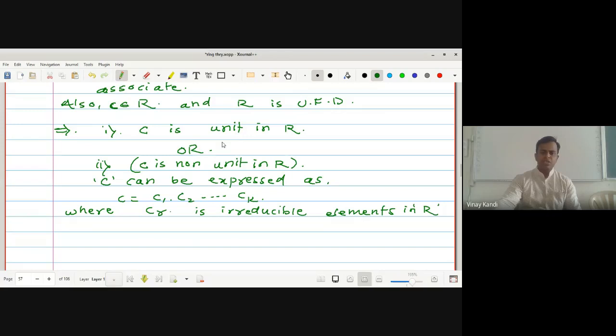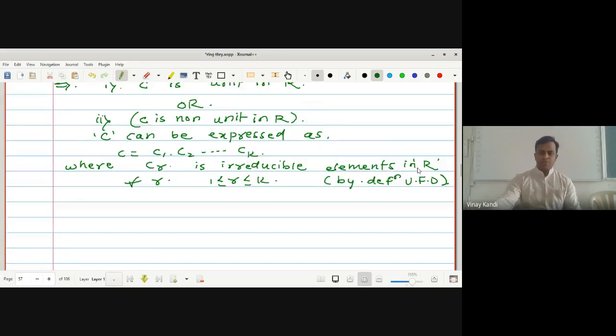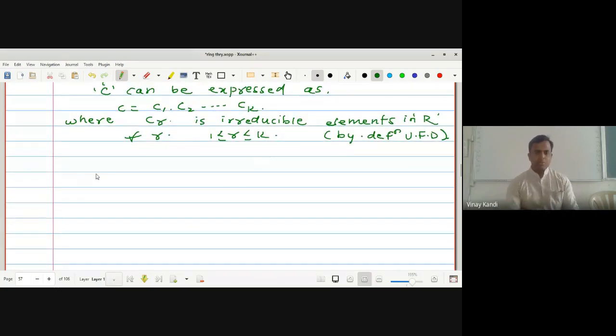If c is a unit, then we need not do anything. If c is a non-unit, then c can be expressed as c1 into c2 up to ck, where all the ci are irreducible elements in R, for i running from 1 to k, by the definition of unique factorization domain.